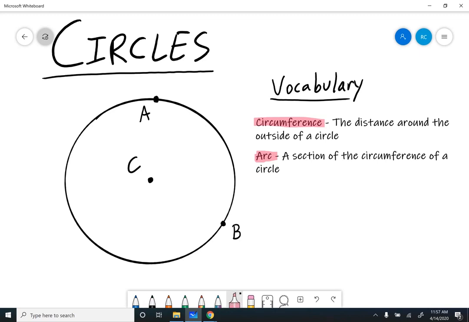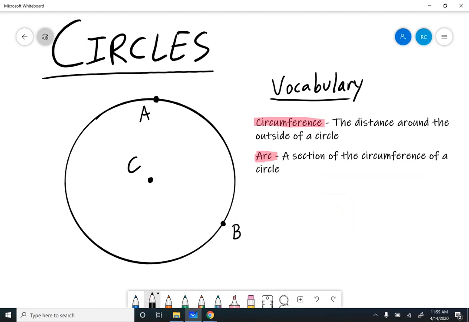So if I want to know what the length is from here, this point A, to here, this point B, around the circle, that's an arc. Think of it as a piece of the pizza crust that is often left over when you're done with your piece of pizza.